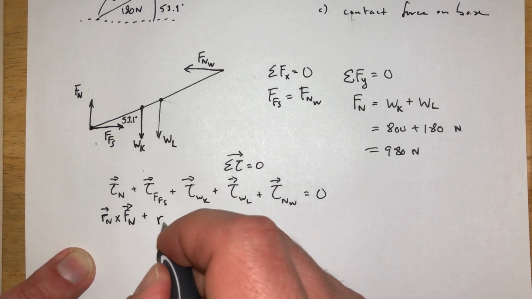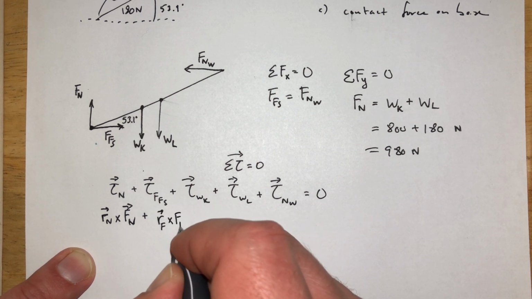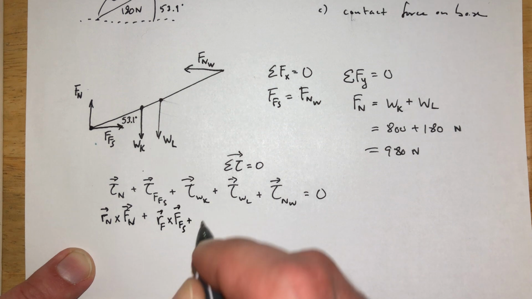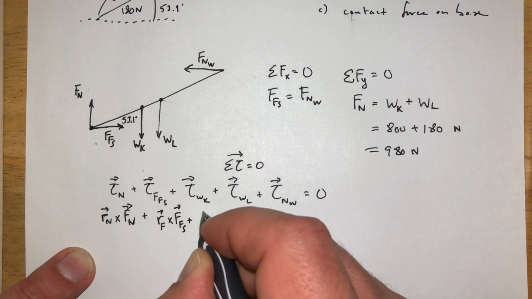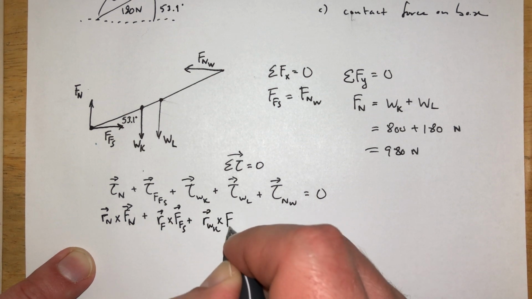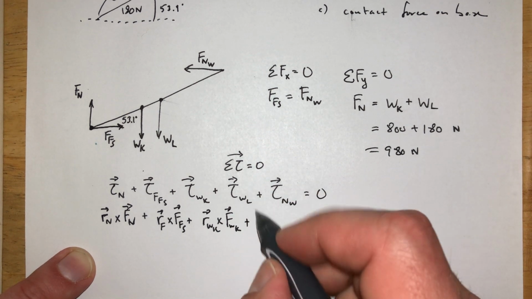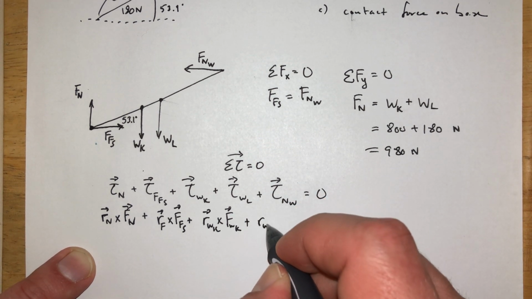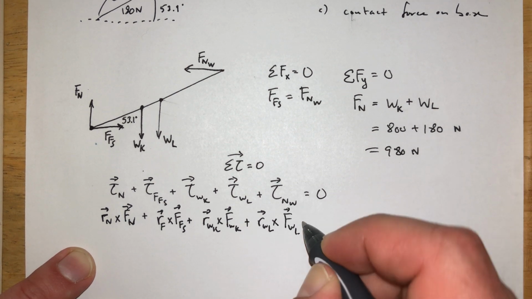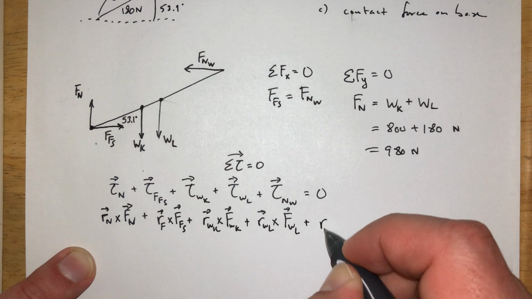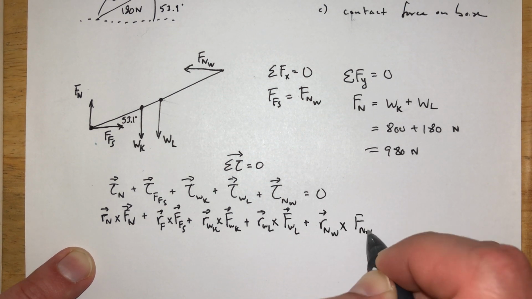Plus our friction cross the force of friction, plus our weight of the knight cross F weight of the knight, plus our weight of the ladder cross F weight of the ladder, plus our normal force from the wall cross F normal force from the wall.